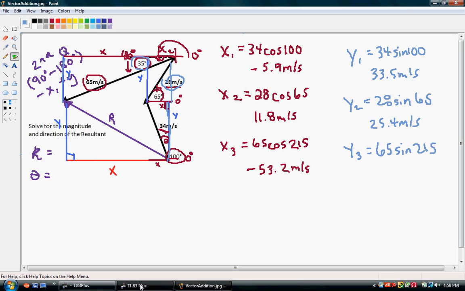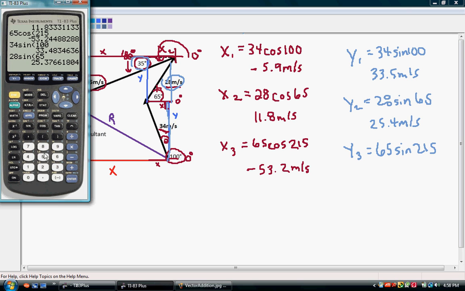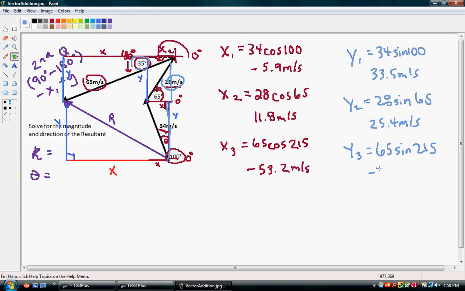And this last one will be 65 sine 215, and we should get a negative number since we went down. We get negative 37.3 meters per second.